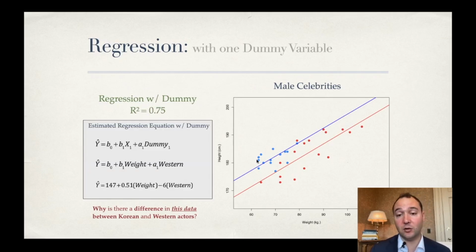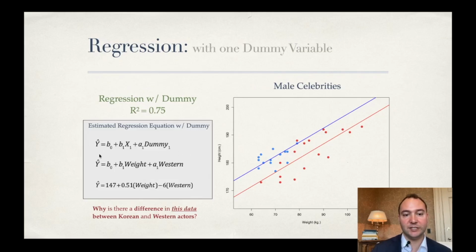If we were to draw a regression line through these groups, we see that the blue line is representing the Korean actors, the red line is representing the Western actors. We see that the red line fits the Western actors much better, the blue line fits the Korean actors much better than the overall regression line that we had before. In this case, our R squared increased quite a lot.